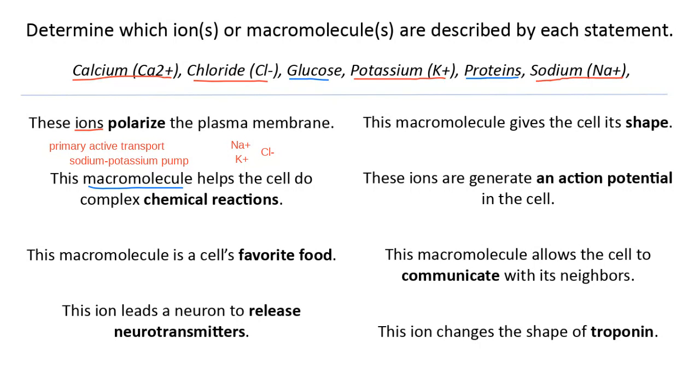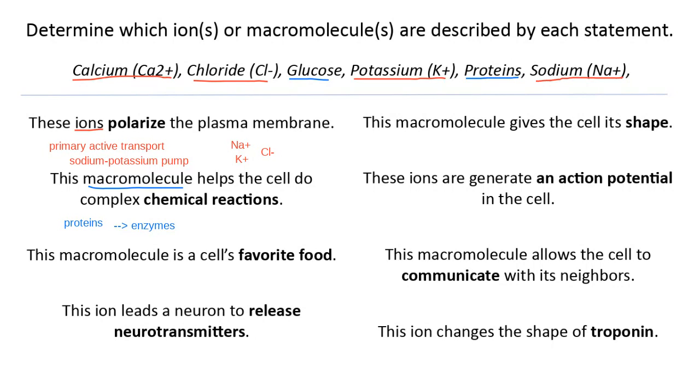Proteins are what help us to do chemical reactions. Remember that we had a special name for the kind of proteins that do chemical reactions. That special name that we called them was enzymes. Exactly, enzymes.